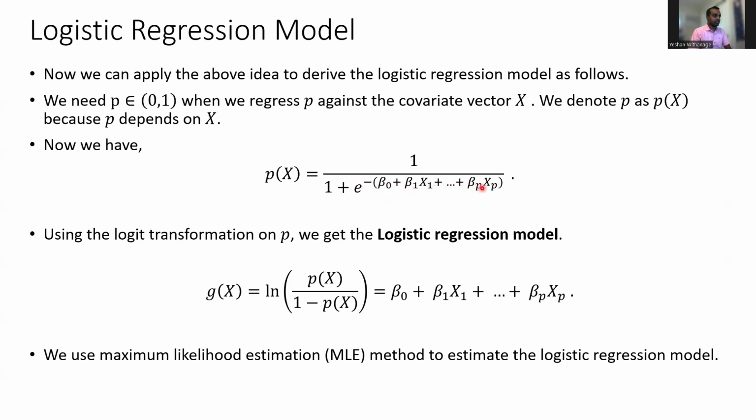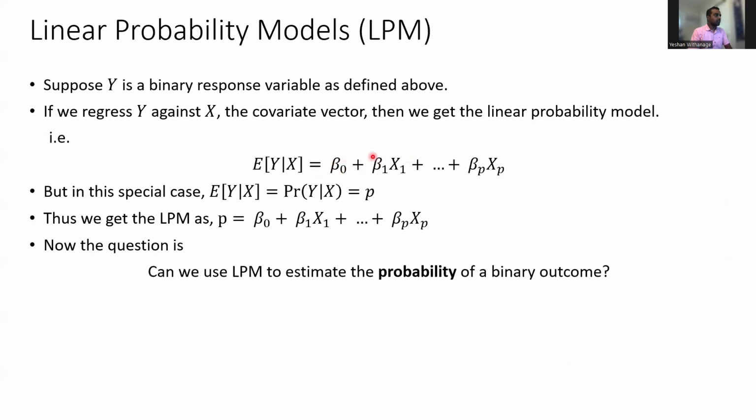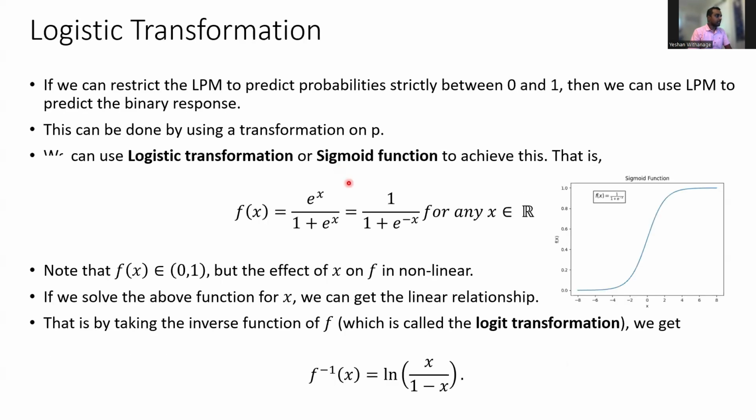You can see this linear combination. That is my left hand side of the linear probability model. Let's give this a name, say A. I apply the logistic transformation.